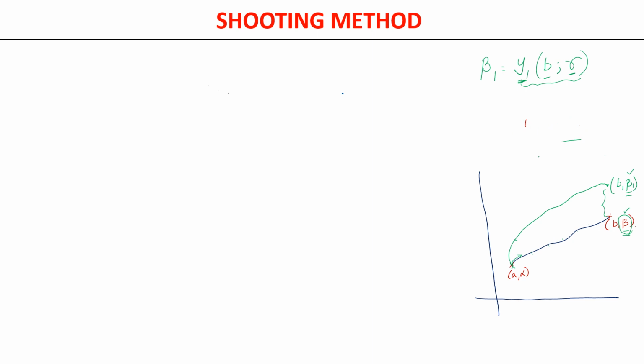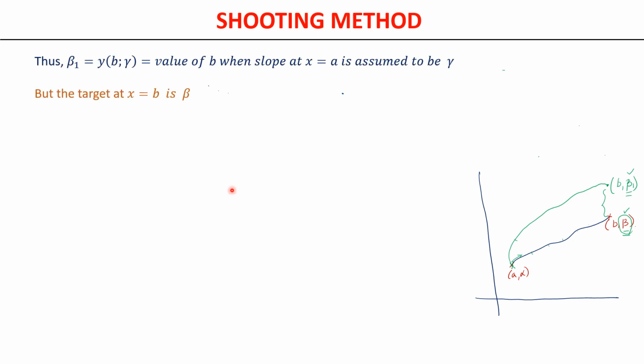Now the aim of our problem is to mainly find this gamma, which is a huge task. So let us see what to do. We have now defined beta 1 as the value of y at B by choosing the slope as gamma. I'm sure now you agree. But what is the target? The target is beta.